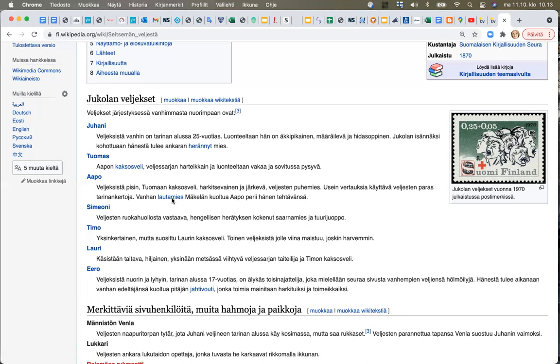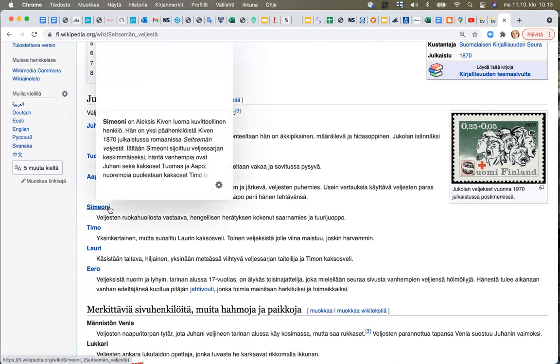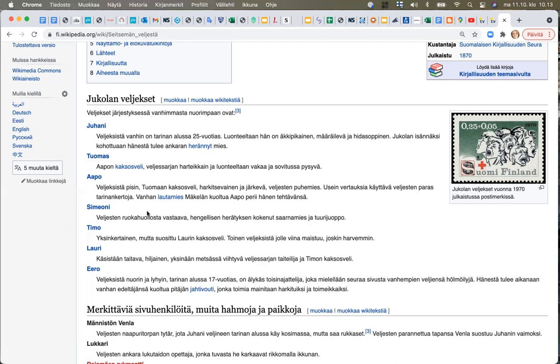Also, the combination of the characters is interesting. We have, like I said, Juhani, who's the oldest. Then we have twins, who are Tuomas and Aapo. So these are a sort of pair. Then we have Simeoni, who's a lone character, he's a drunk and also a madman in a way, and he's a good cook.